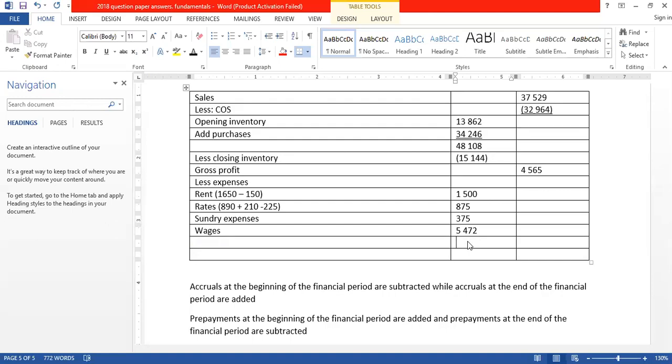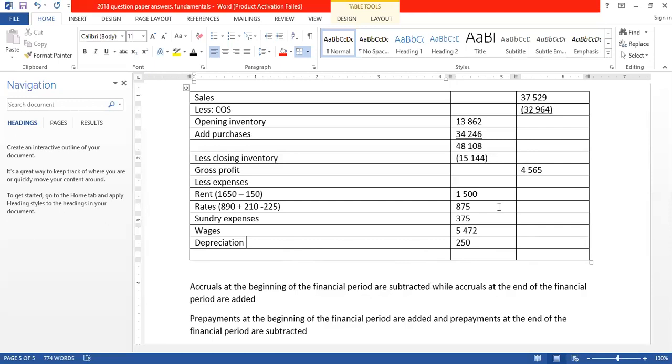So the decreasing amount is depreciation of 250.